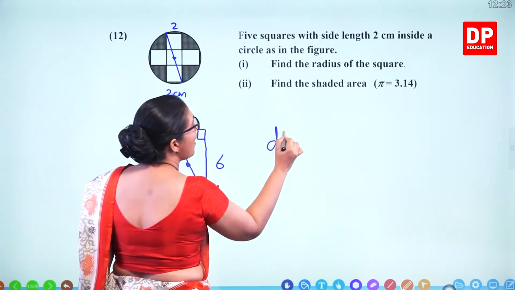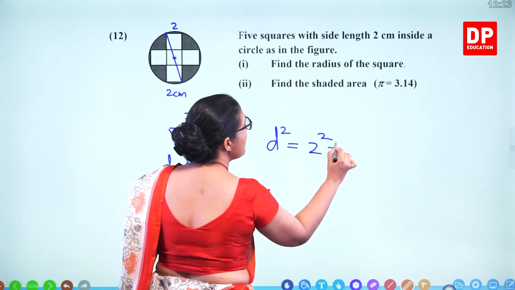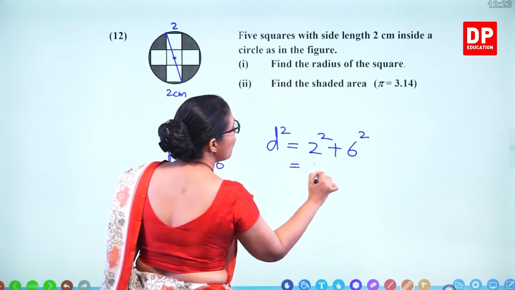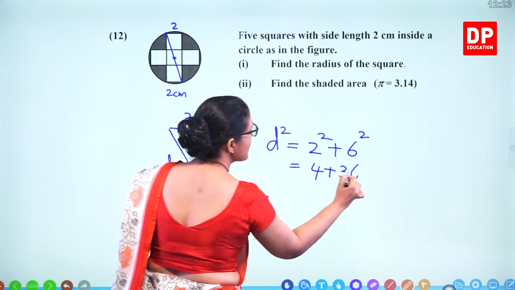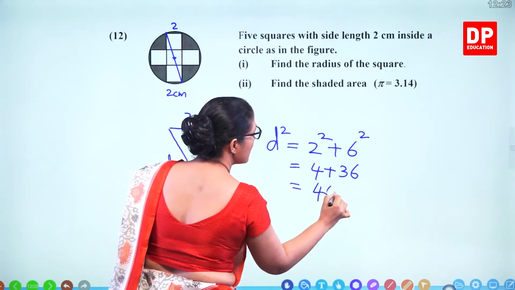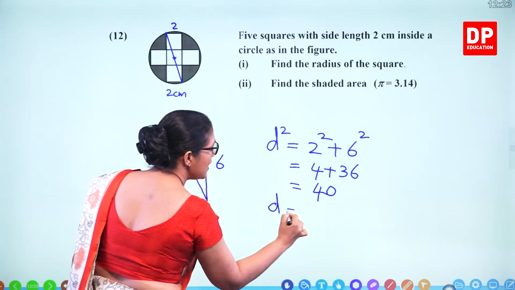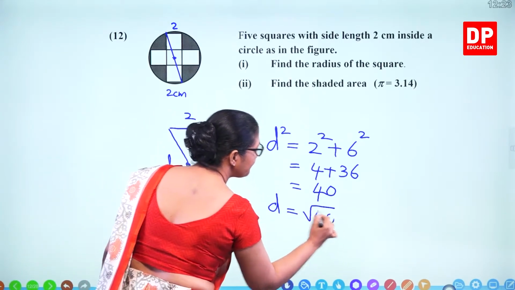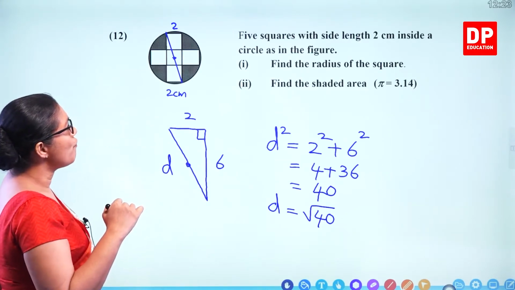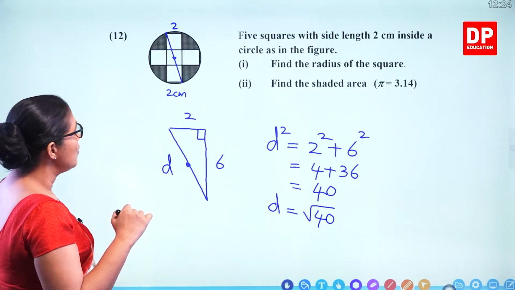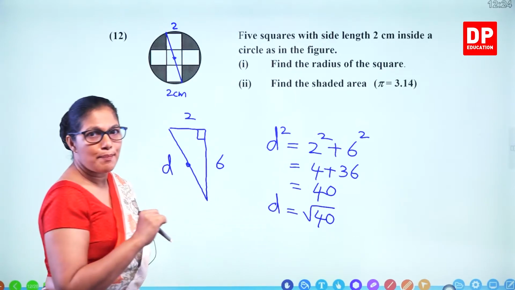So d squared is equal to 2 squared plus 6 squared. 4 plus 36, you get 40. So d squared is 40, which means d is the square root of 40. Then you need to divide by 2.